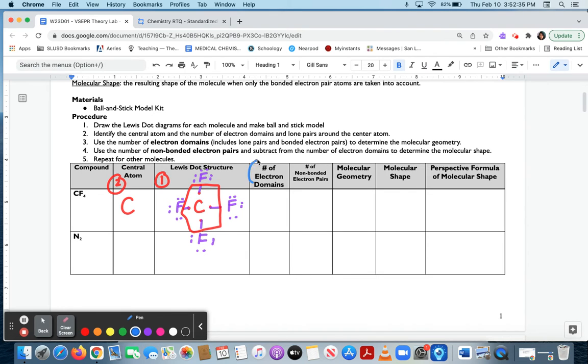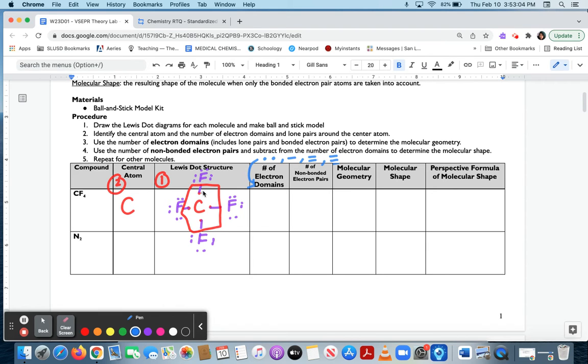Electron domains can be multiple things. They can be lone pairs, or the electrons that are paired off and not bonded to any other elements. They could be a single bond, a double bond, or a triple bond. Each of these counts as one electron domain.